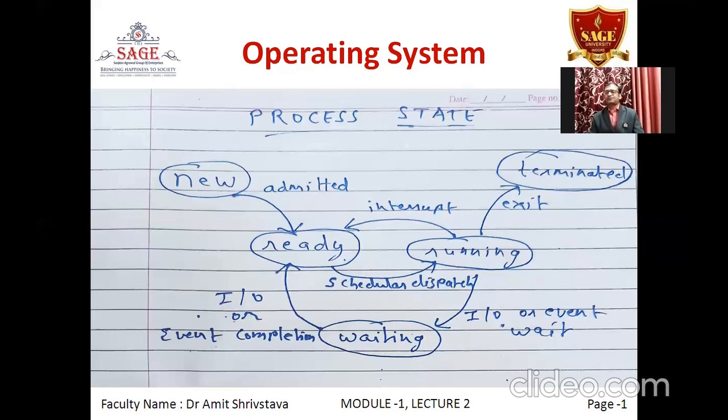Now what happens? The CPU is a pure electronic device, so its speed is very, very fast. But the printer is an electromechanical device because it has to rotate the papers also, so it requires mechanical motors. So its speed is very, very slow as compared to the CPU.